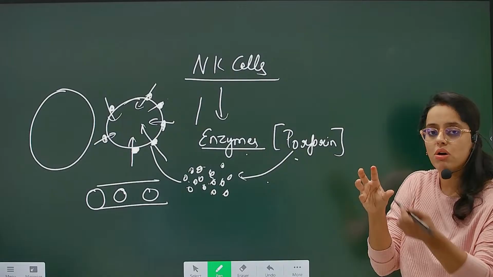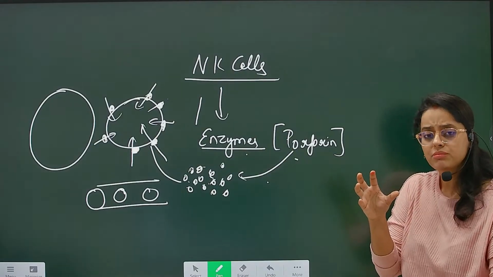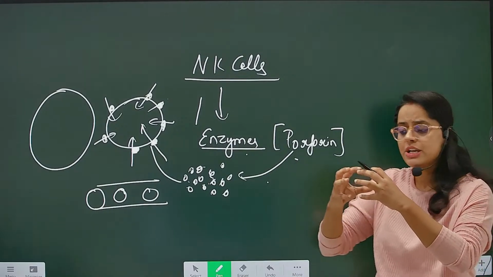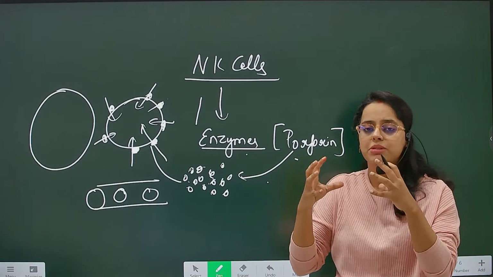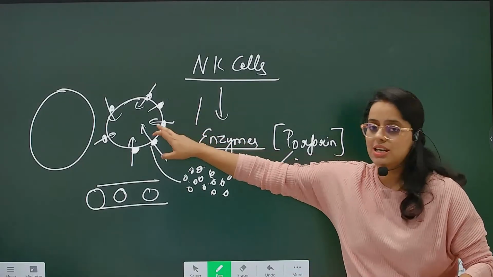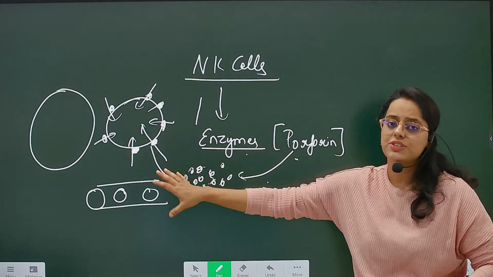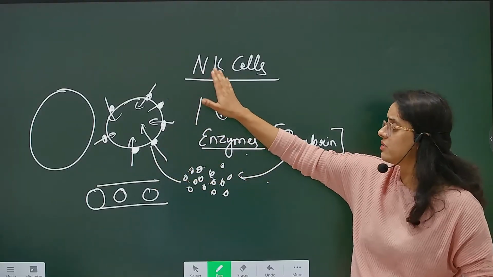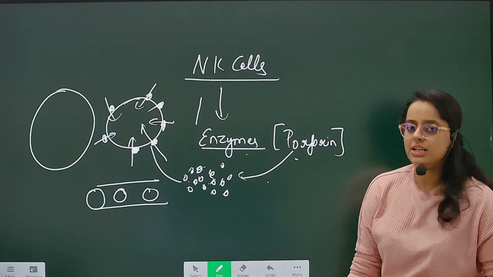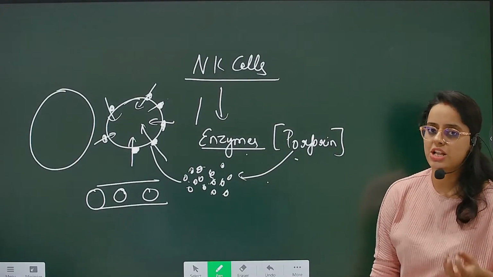What happens? The water rushes inside the bacterial cells. As a result, slowly the bacterial cells swell, and after some time, after some threshold, they burst. So it causes lysis, breakdown of the cells. The natural killer cells, what do they do? They cause breakdown of the bacterial cell. So this is the function of natural killer cells.